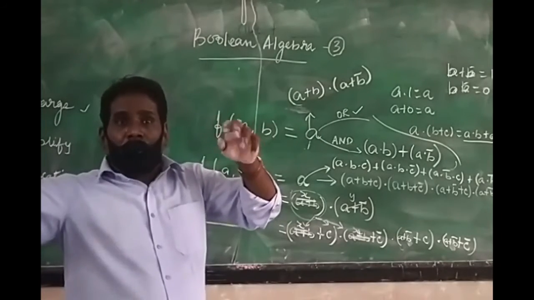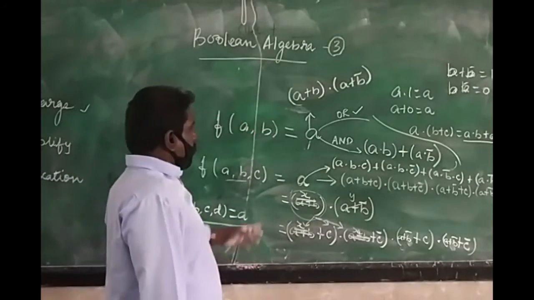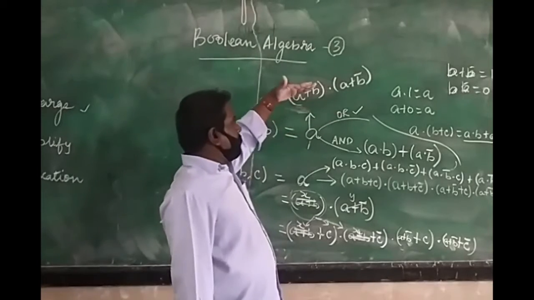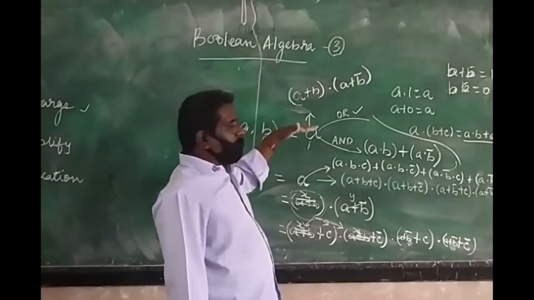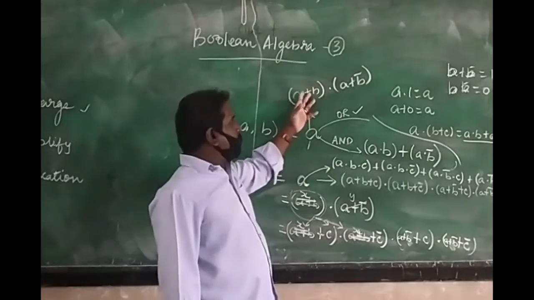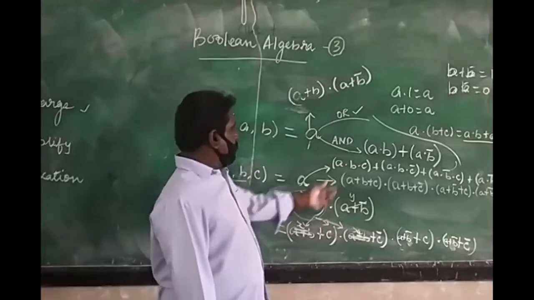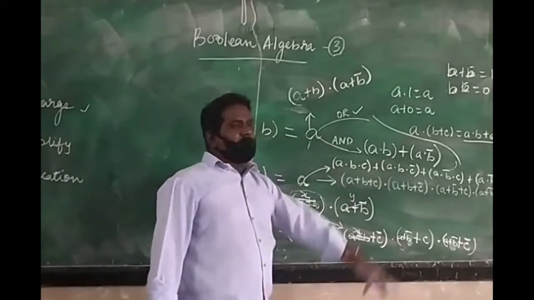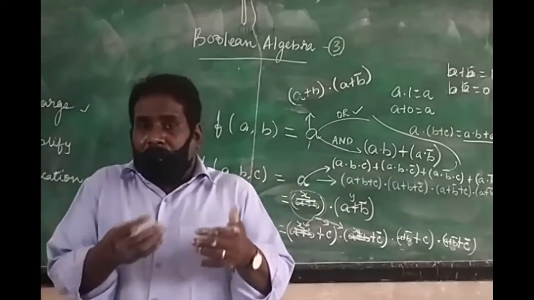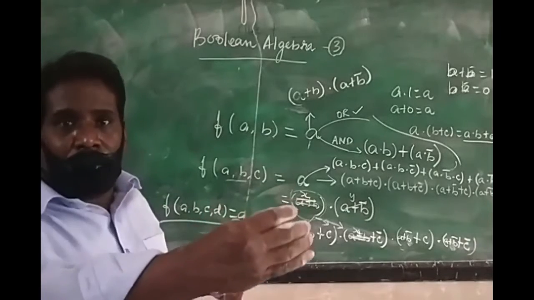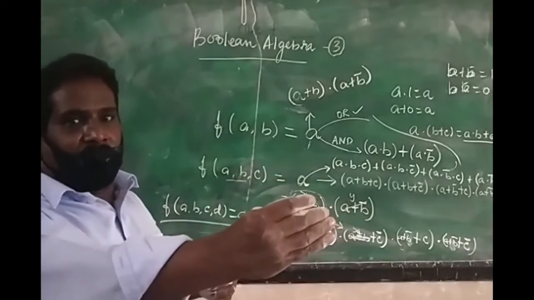What is the meaning of it? The meaning is this one is equal to this one. This function and this function, all are equal, because everything started from A as per the rule.